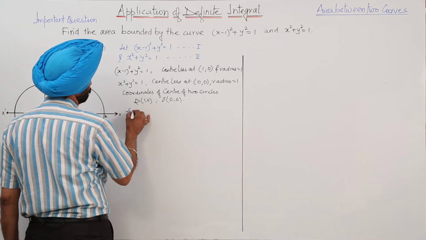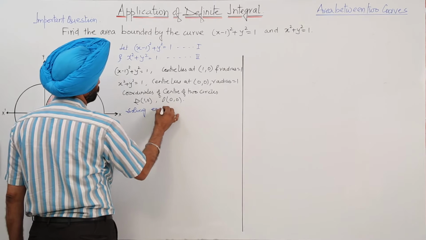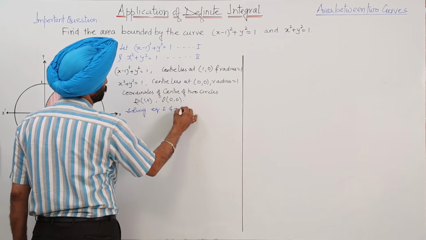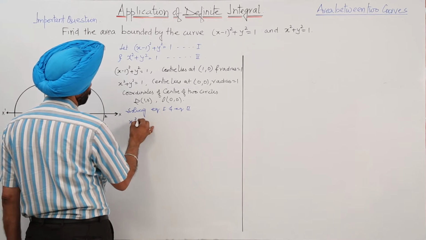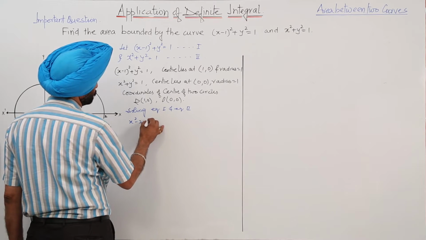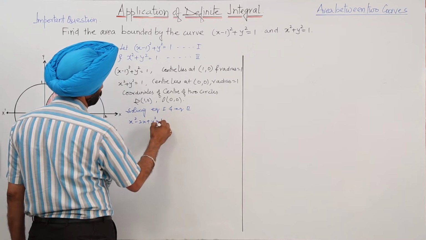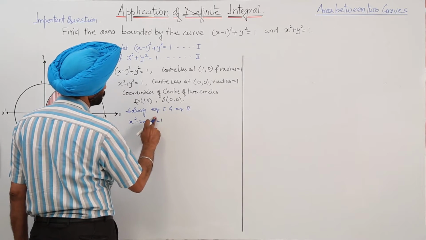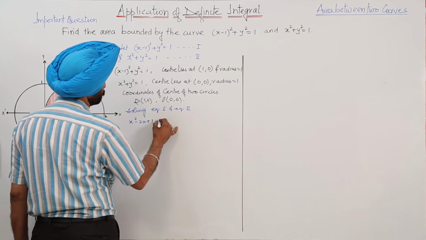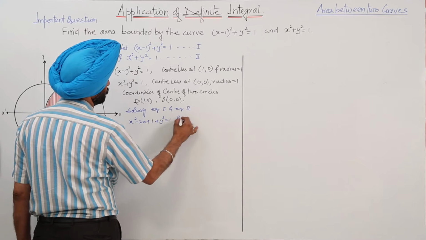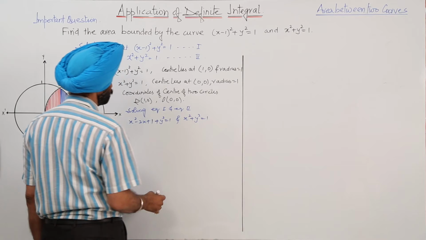Solving equation 1 and equation 2: x² − 2x + 1 + y² = 1 and x² + y² = 1.